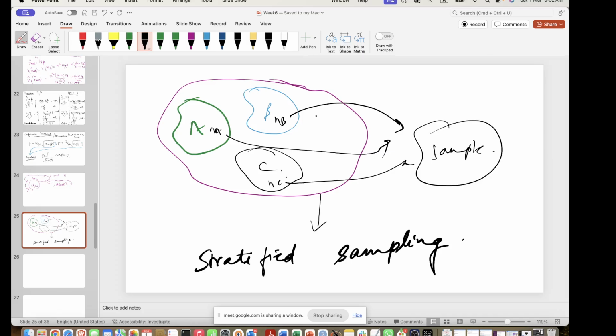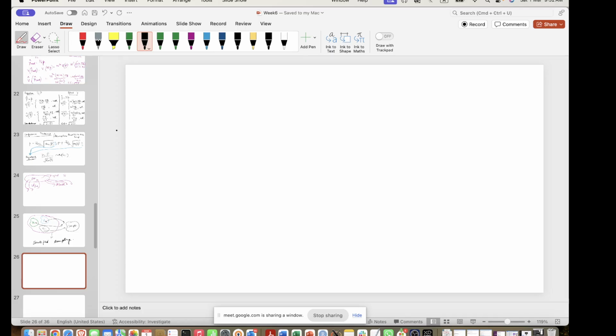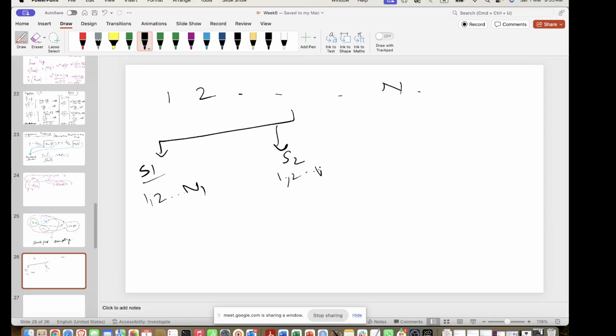Now what that implies is this. If we have units 1, 2 to n, strata 1 would have 1, 2 to n1 units, strata 2 would have 1, 2 to n2 units, strata P would have 1, 2 to np units.